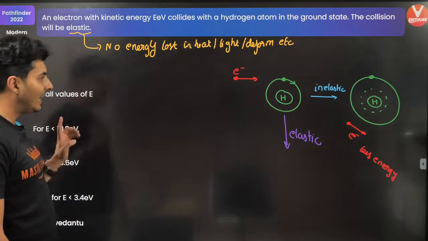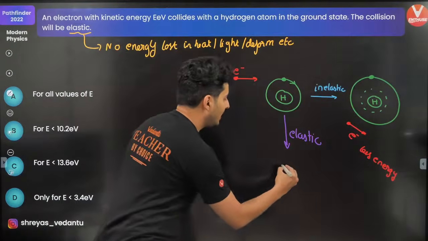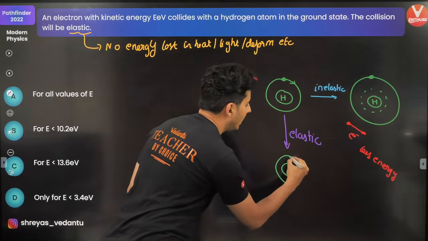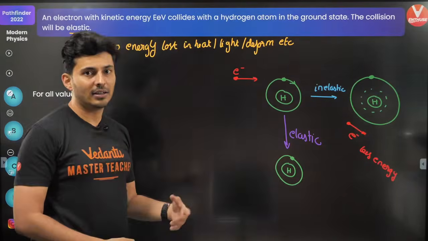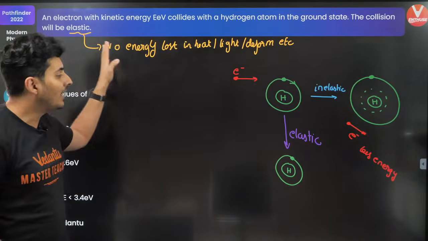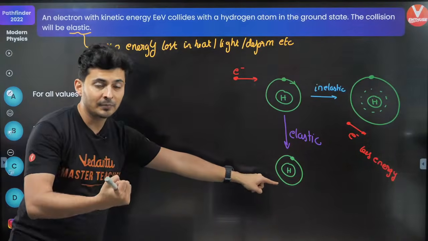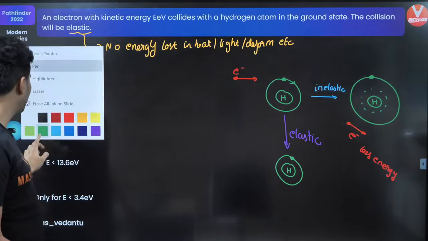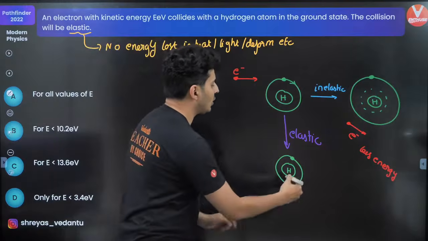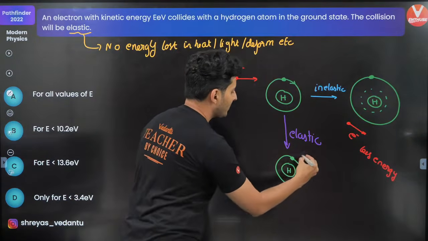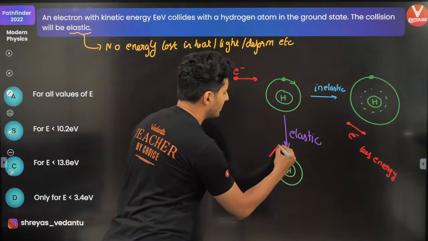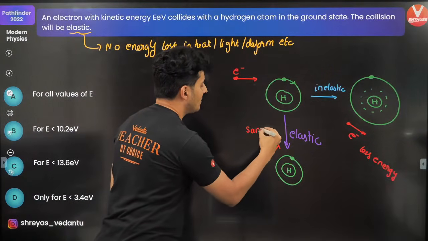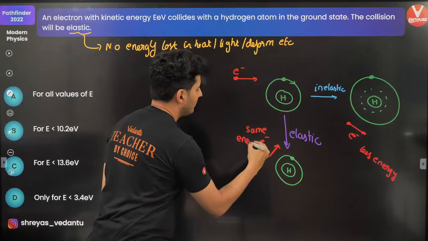If it is an elastic collision, then that hydrogen atom will be unable to accept that energy to change to an excited state. It will remain in ground state, and that electron might just get deflected maybe. So that electron just probably goes somewhere. It has the same energy as before.